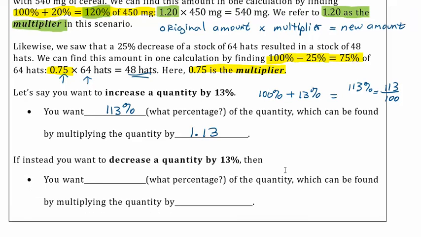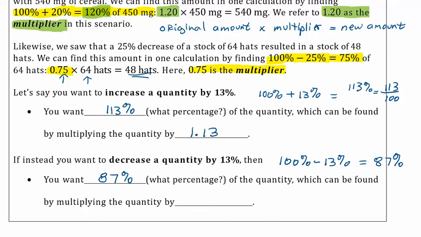All right, so let's decrease it now. Let's say we want to decrease a quantity by 13%. Then we're going to take 100% of what we started with and decrease by 13%, which means we're only going to have 87% left. So we want 87% of the original quantity.